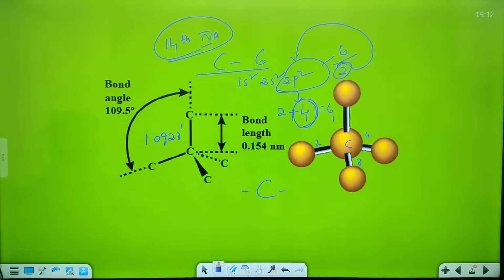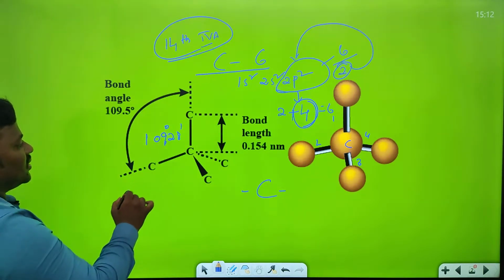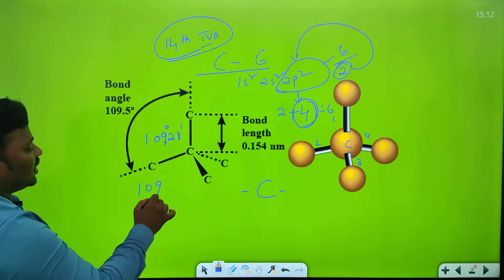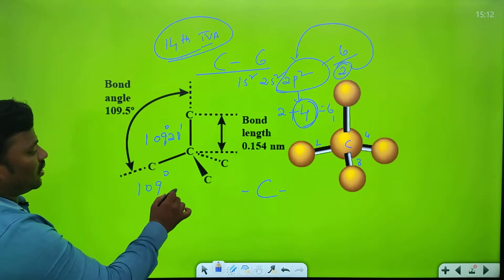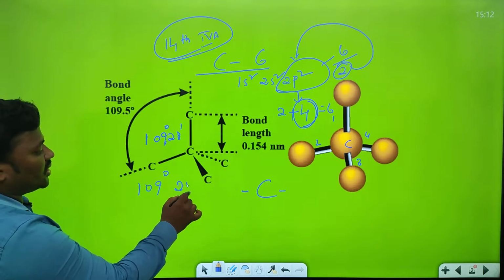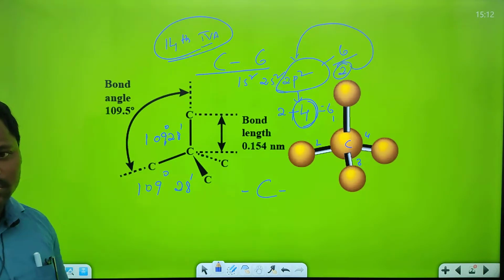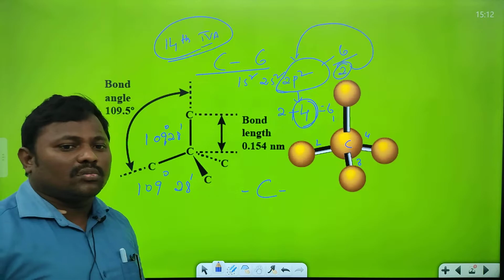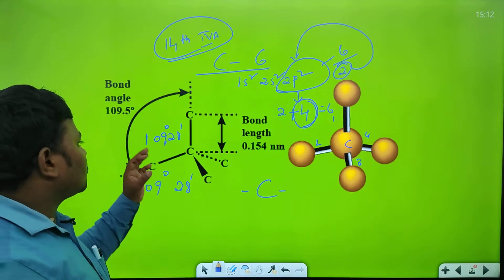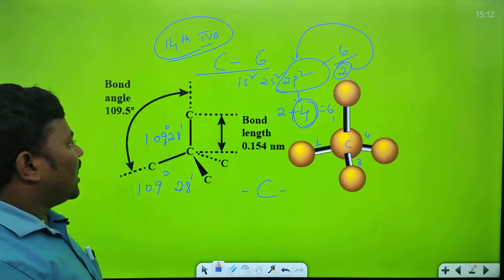109 degrees 28 minutes. That means the bond angle between carbon to carbon is 109 degrees 28 minutes. This is the bond angle and bond length.